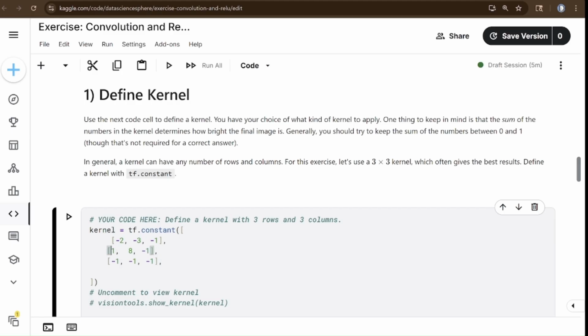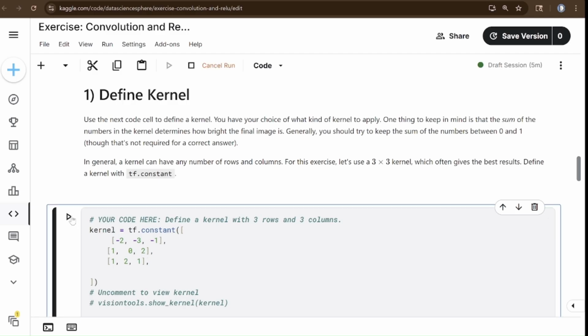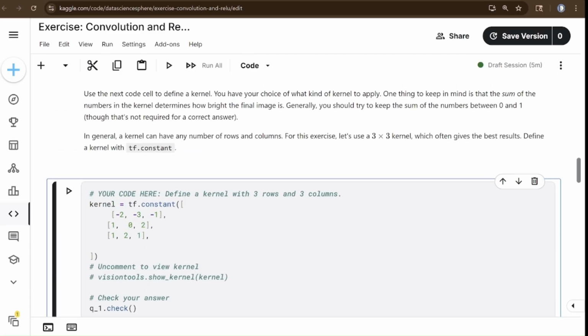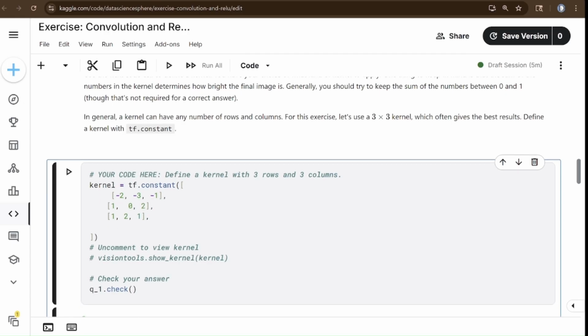Let's give 1, 0, 2, 1, 2, 3, 4, 6, 1, 7. So -6 plus 7, it will be +1. Let me run this. See, correct. So you just try to keep the numbers between 0 and 1, though that's not mandatory.